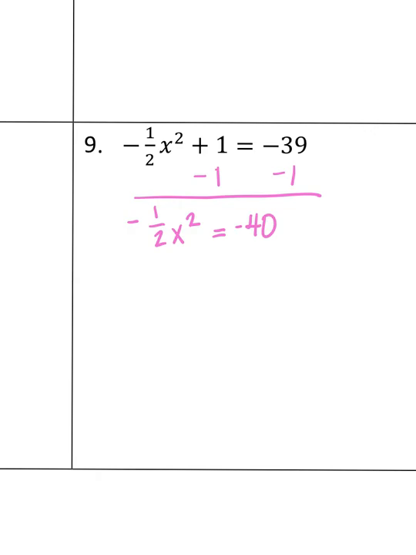I want to get rid of this 2, so I'm going to multiply both sides by negative 2, so that I can get rid of the negative and the 2. I end up with x squared equals 80.